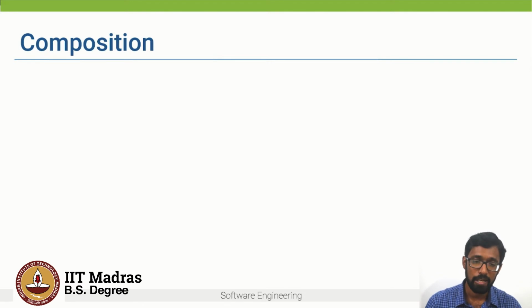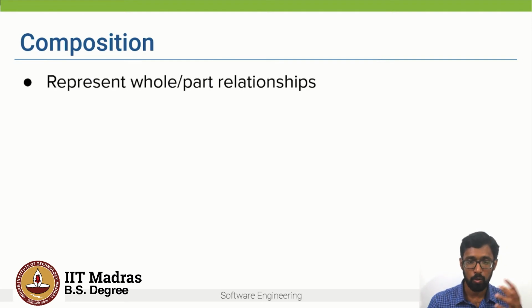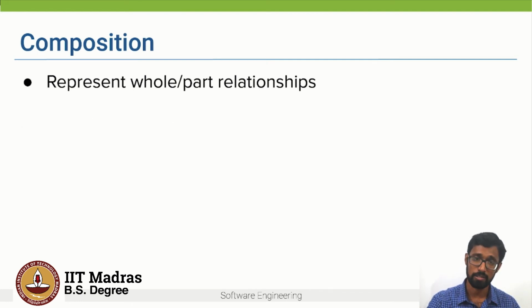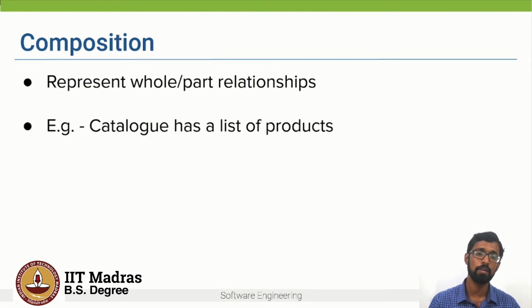Another type of relationship is composition, right? As the name suggests, it represents a whole-part relationship. One class is a part of another, and objects which contain other objects are known as composite objects. For example, a catalog has a list of several products.